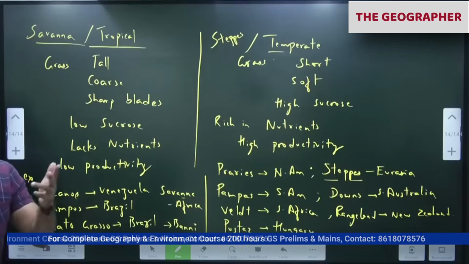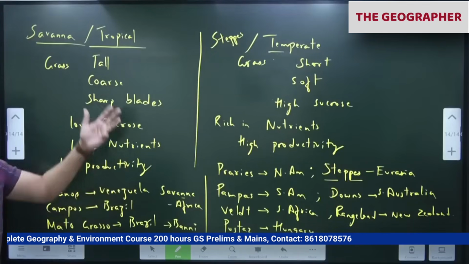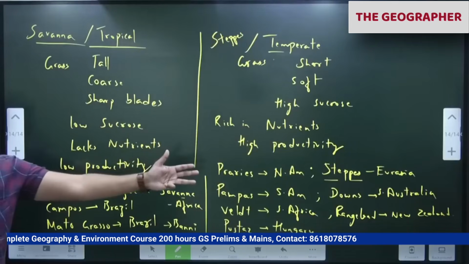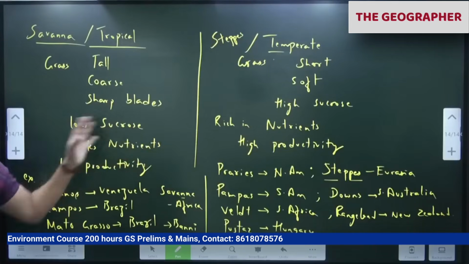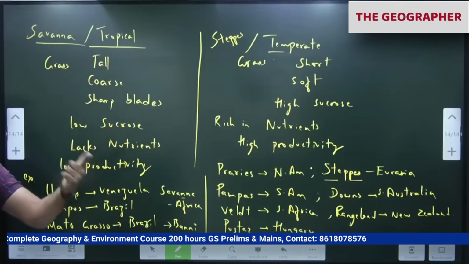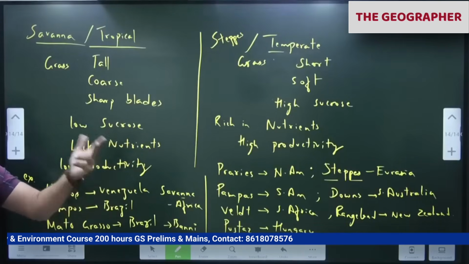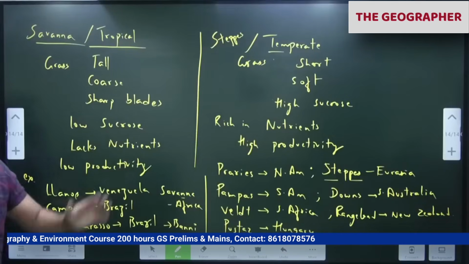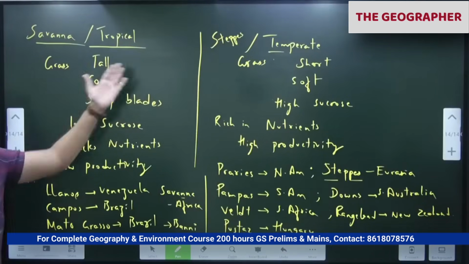Sheep, goat, hen, ducks, pigs, correct, cattle, donkeys are all reared. Especially cattle is reared, sheep, goat is reared for leather, wool, meat. So the animal husbandry, animal rearing, livestock rearing is a very important occupation in grasslands.